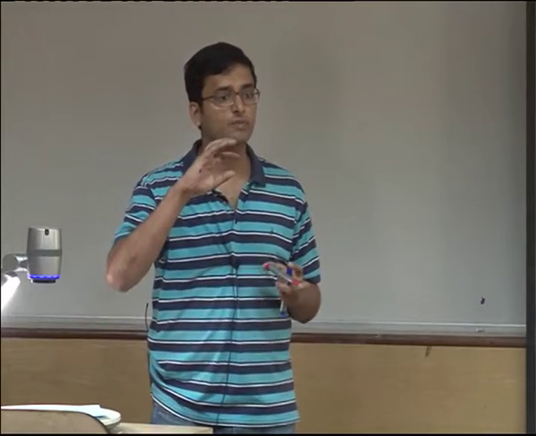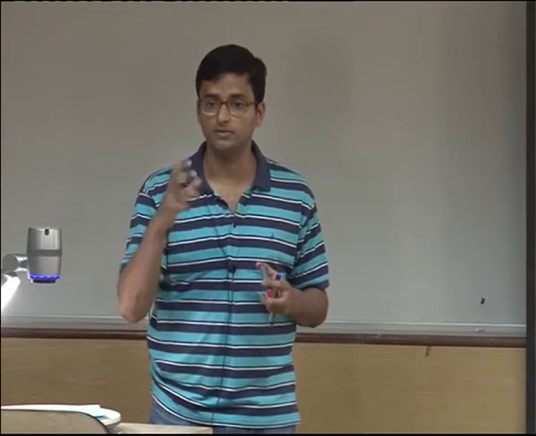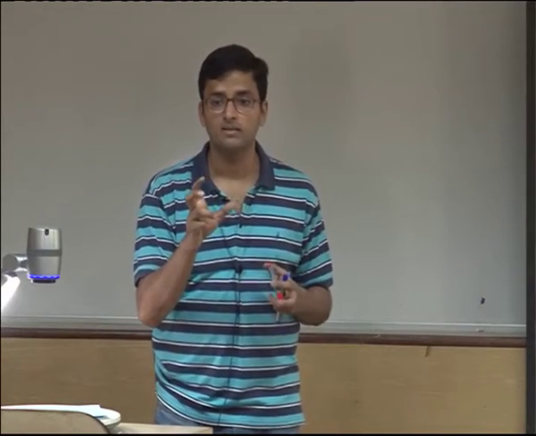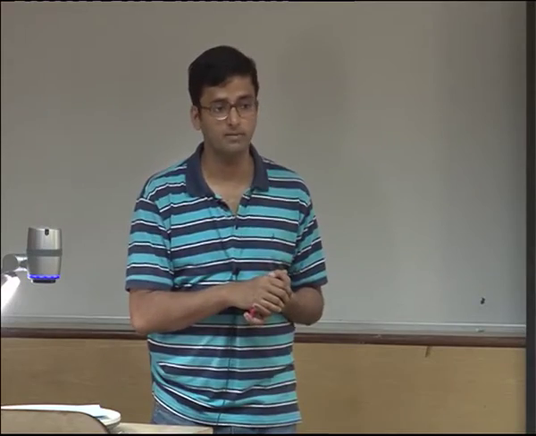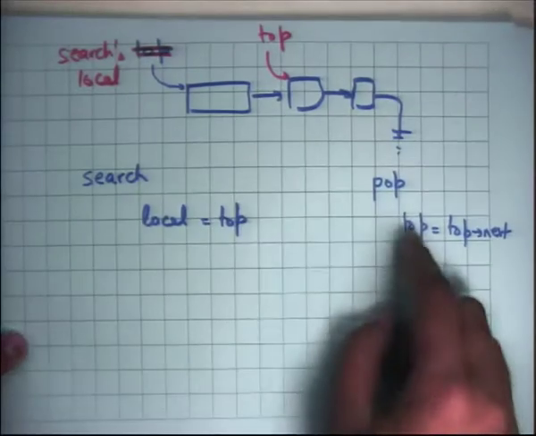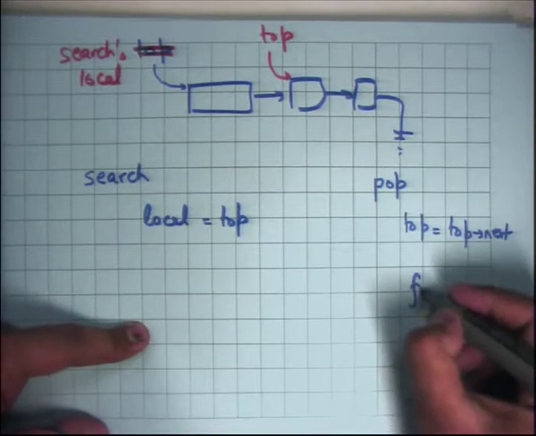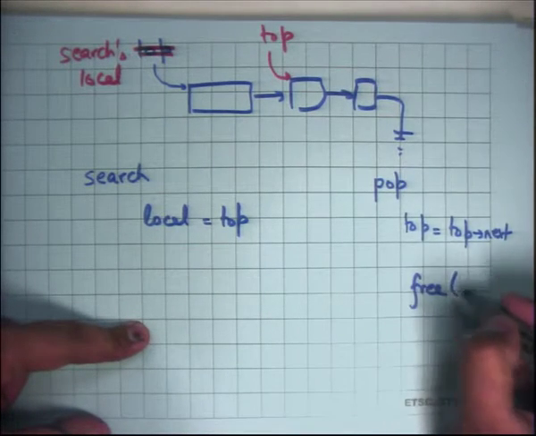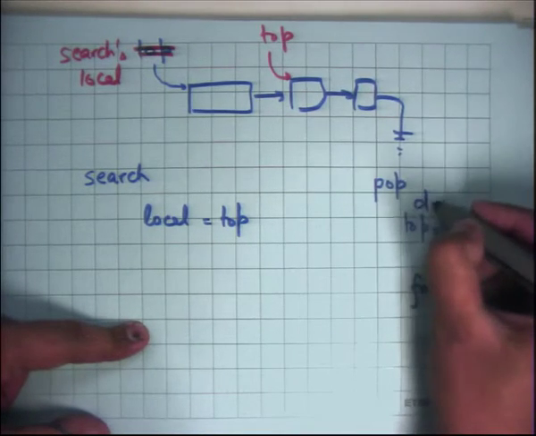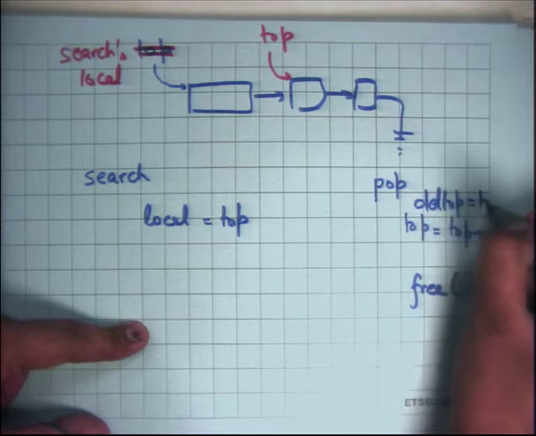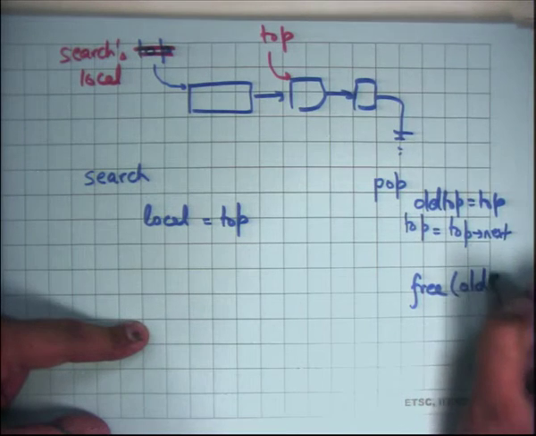So after a thread has popped the first element in the stack, it will probably want to free this memory, right? So somewhere here it will want to say free whatever the old top was. So let's say old top is equal to top, so you free old top.